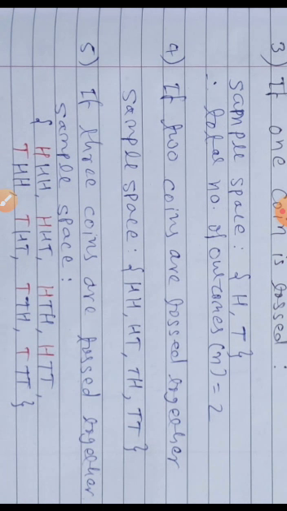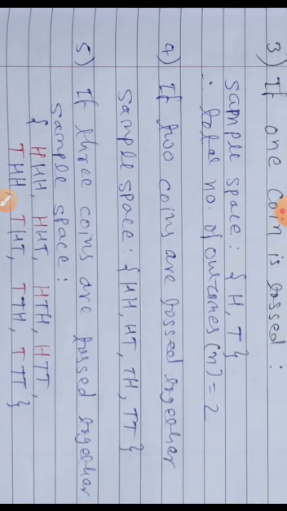Combined, if both are heads, it is HH. If the first is head and the second is tail, it is HT. Similarly TH and TT. So four outcomes are here. It is obtained by 2 raised to 2. In the first case, 2 raised to 1 gives 2 outcomes. In the second, 2 coins means 2 raised to 2, so 4 outcomes are obtained.